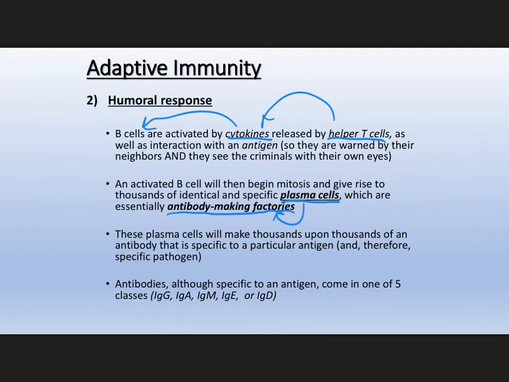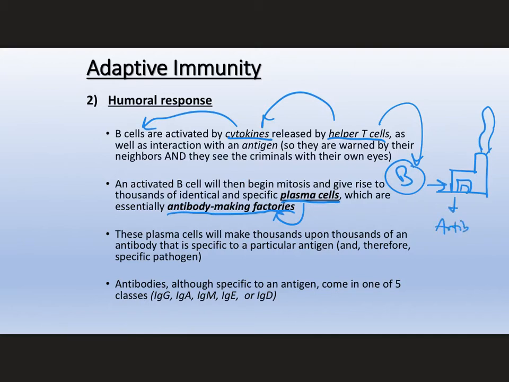And so it's almost like it turns into a little factory, all right? So this B cell, when it gets activated by a T cell, it becomes, I don't know how to draw a factory. It becomes, there we go, smokestack. It becomes this factory that makes a whole bunch of antibodies. And again, this is not a detail you need to know, but antibodies can come in 5 different types. We've got immunoglobulins G, A, M, E, and D, which respond in different ways to different things.